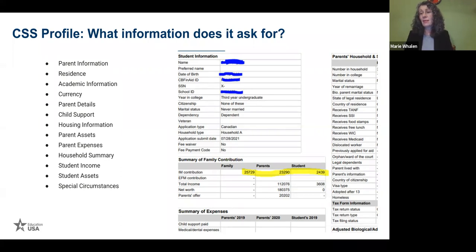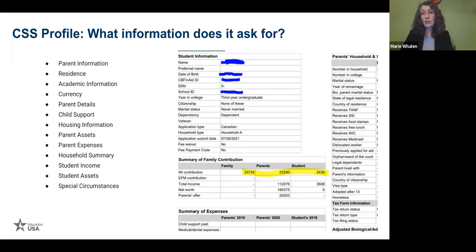The US FAFSA and the ISFAA also ask many of the same questions that the CSS profile does. So the questions that you're seeing in the CSS profile are standard kinds of questions. I would also like to point out that if there are any families attending this webinar who are wondering if they should apply for aid, whether they might earn too much to qualify, for example, I would recommend applying.